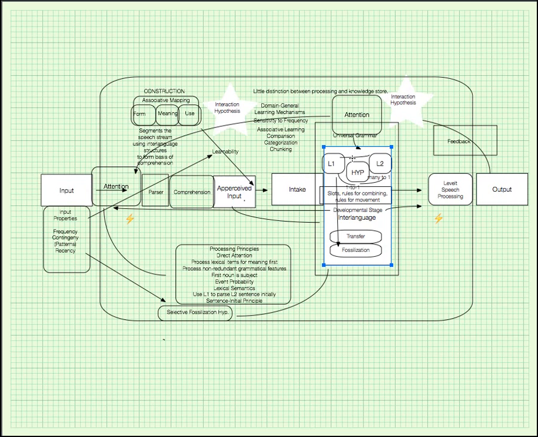How are the L1, the L2, and learner hypotheses interacting with one another? And how the relative inventories are going to be different for each learner, and therefore the interactions that take place between them are going to be unique to each learner. Okay? And how attentional capacities are subject to individual differences, and how that is going to affect the entire system. So it really takes into account multiple areas of dynamics and multiple factors.